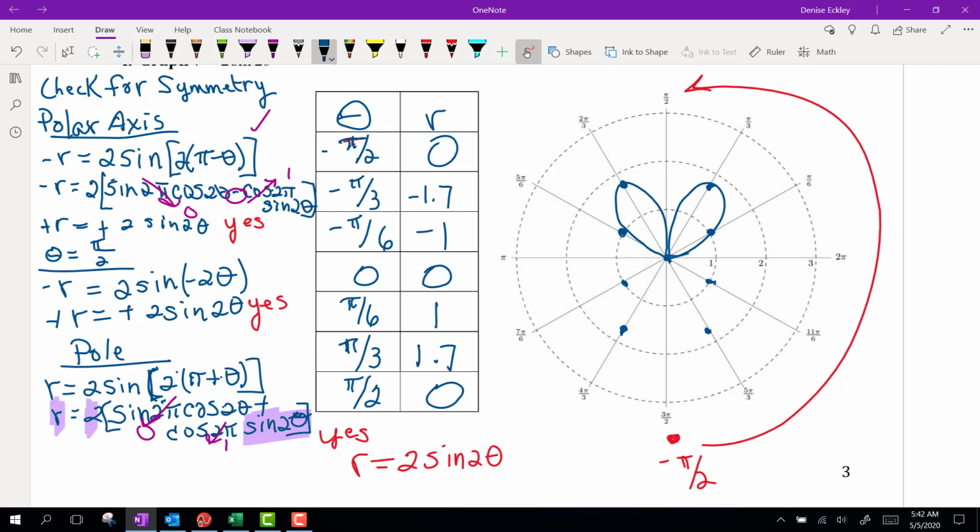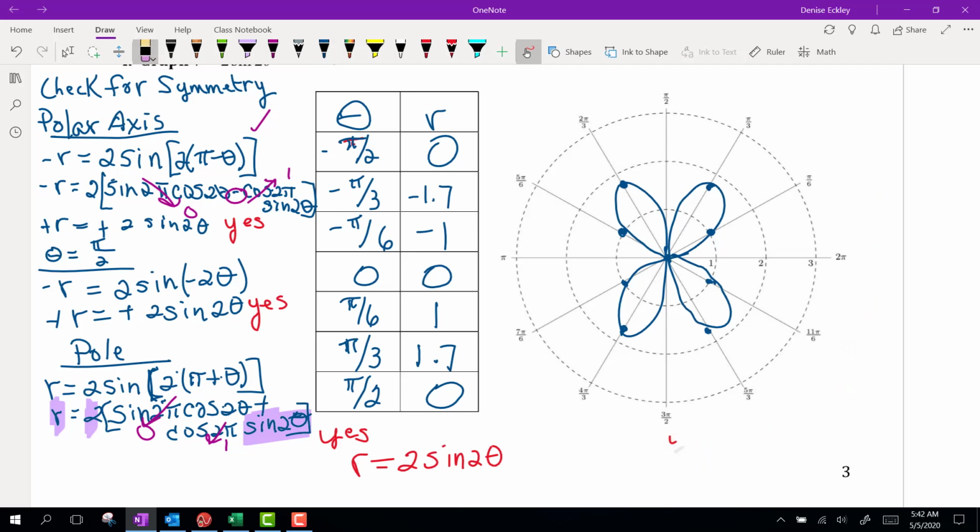So drawing the other side, we make a flower. So that's why this is called a rose curve, because it looks like a flower. And if you want, notice it has 4 petals. I'm going to talk more about how we figure out how many petals it has in a minute.